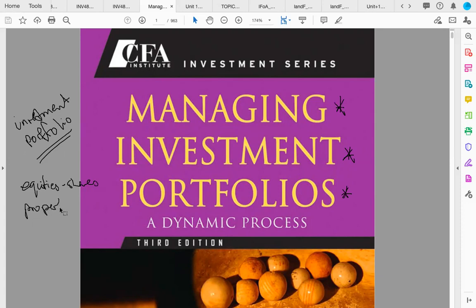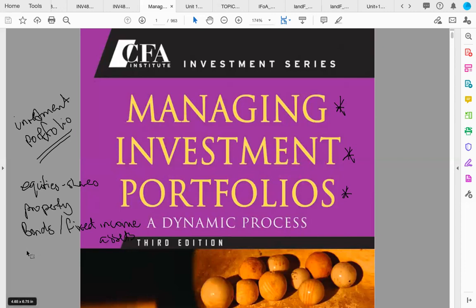They could have property. They could also have bonds. Bonds are also known as fixed income assets. These are all examples of assets that an investor could have in their portfolio. If we group all these assets together, we call that a portfolio.